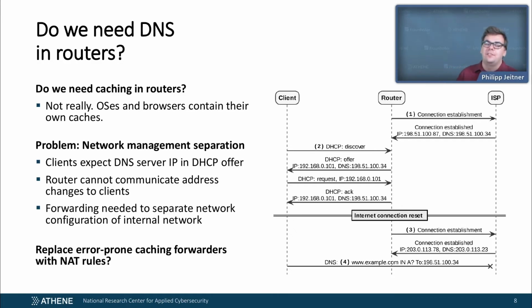However, if the internet connection changes, the router could not communicate the changed network configuration. So our idea is to replace the error-prone caching forwarders with a simple network address translation rule, to get rid of this error-prone cache.